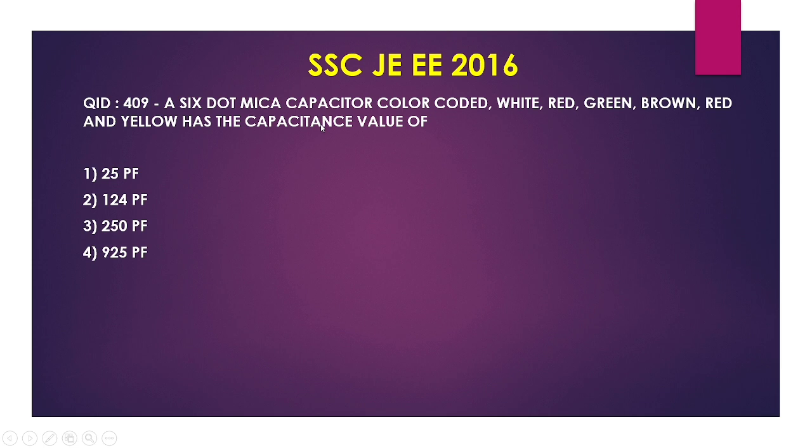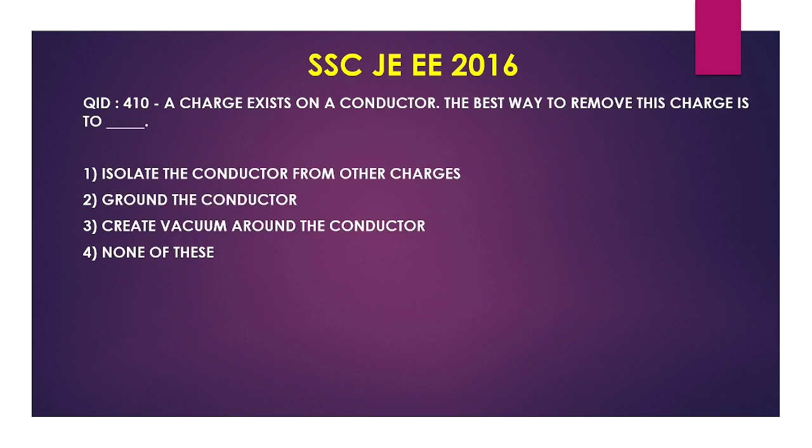Just think and predict the answer. Now let me see the answer. The answer is 925 picofarad. There is a method to identify the capacitance using these color codes. Just go through it and know how to get this answer. Now let me move to the next question.